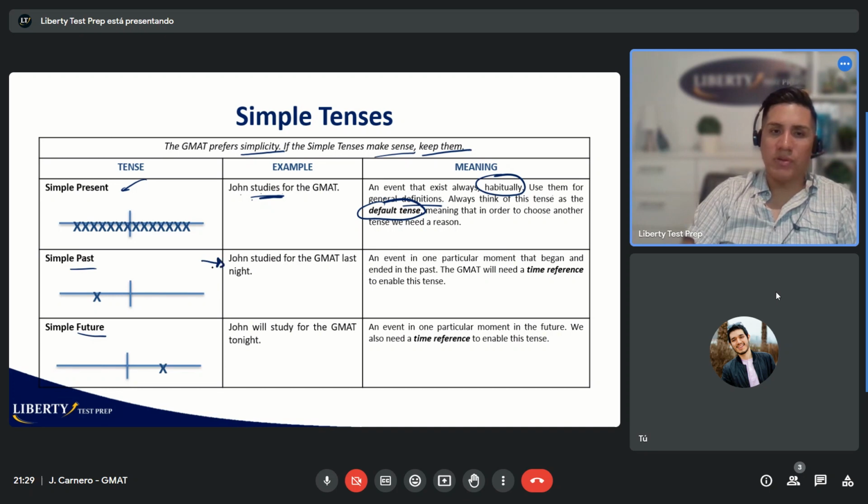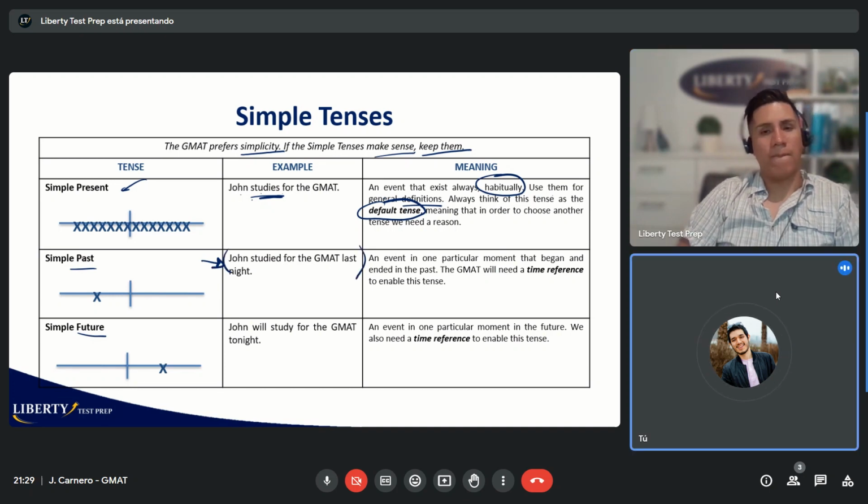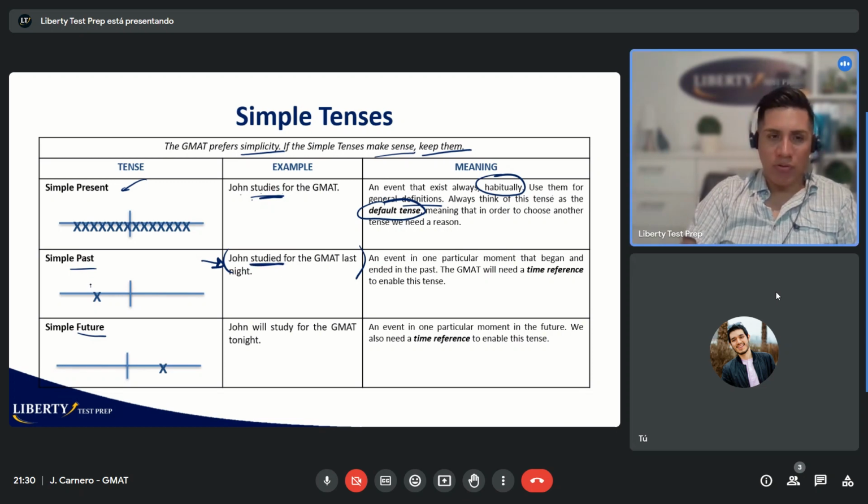Can you read this one for me, please? Okay. John studied for the GMAT last night. So studied is one particular point in the past, right? Now, this is a simple past. We need a time reference, which means if I have John studied for the GMAT, period, that's very weird.